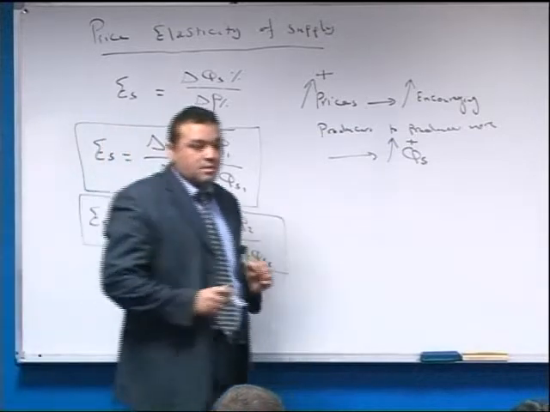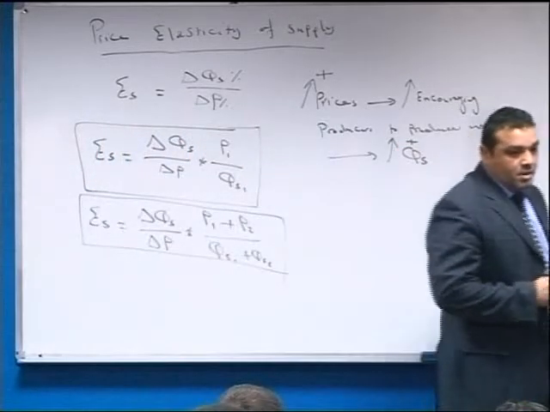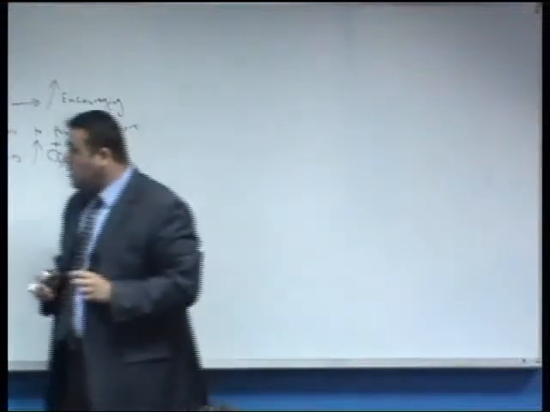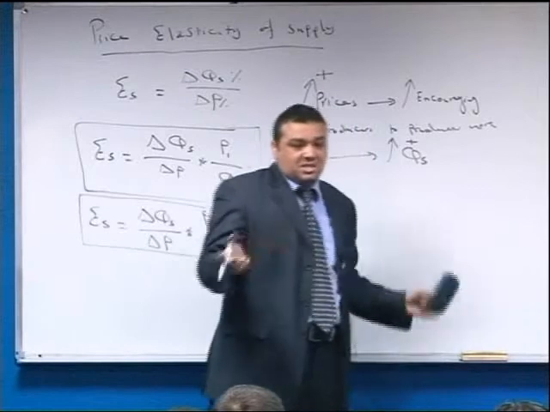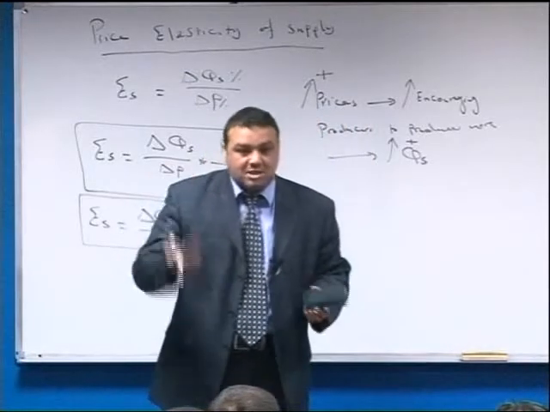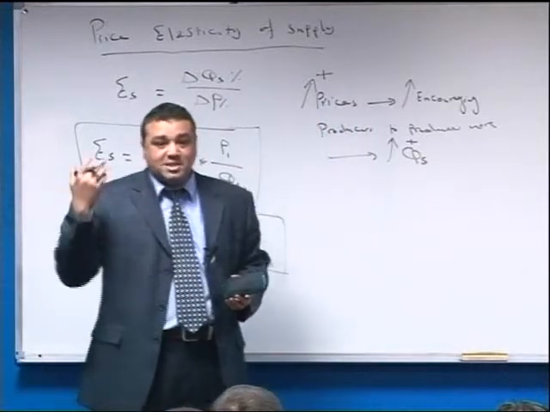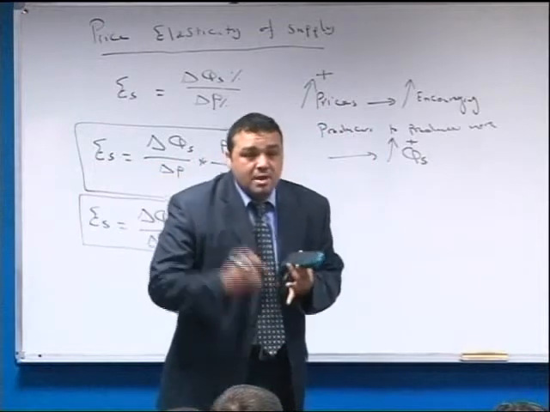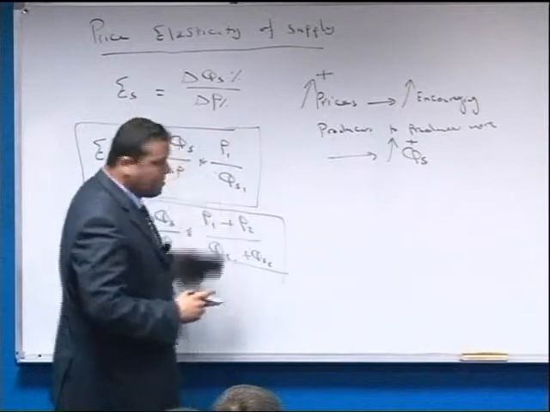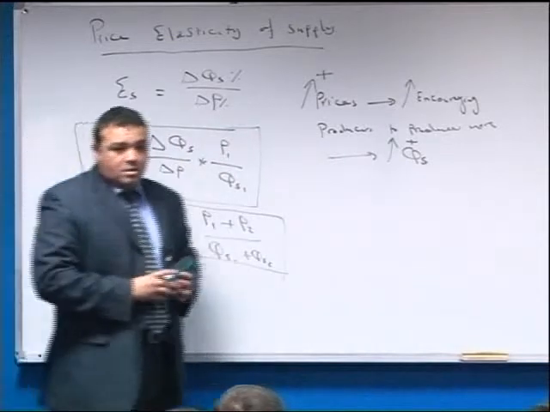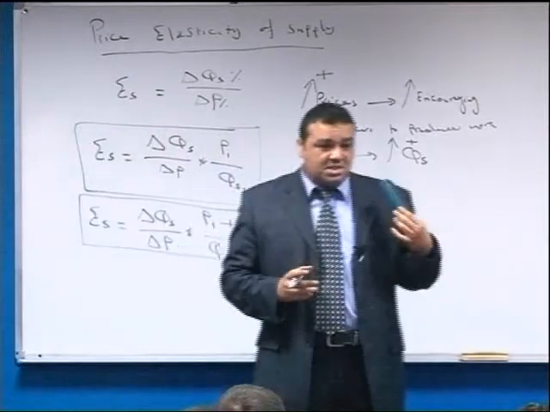Right? Okay? We're not going to take exercises because it's already discussed in the price elasticity of demand, cross price elasticity and income elasticity. So these are direct applications of these formulas, right?